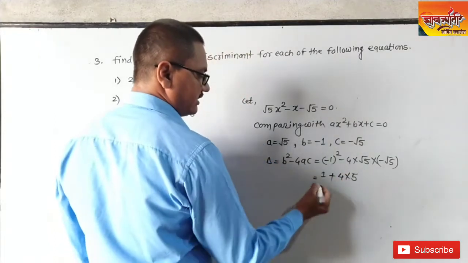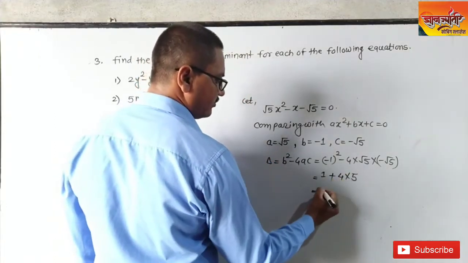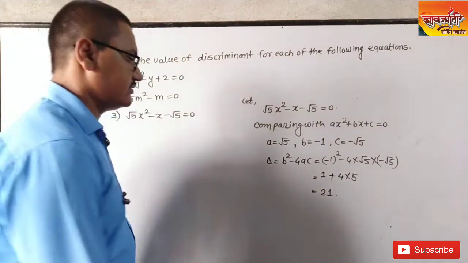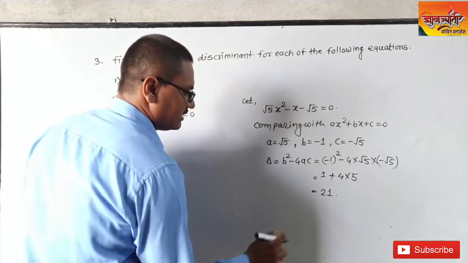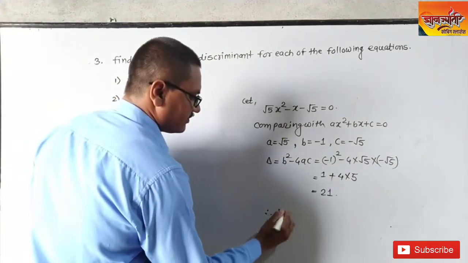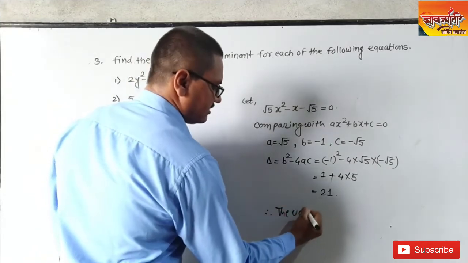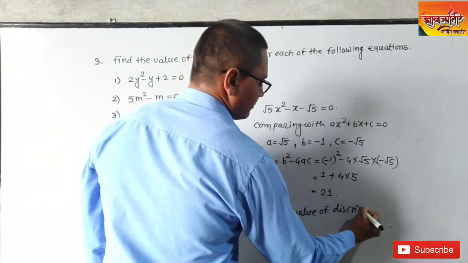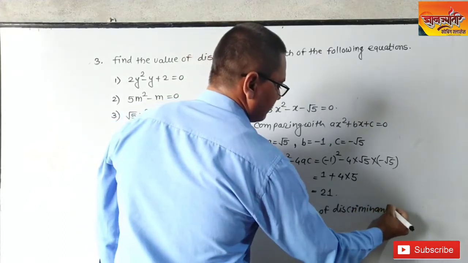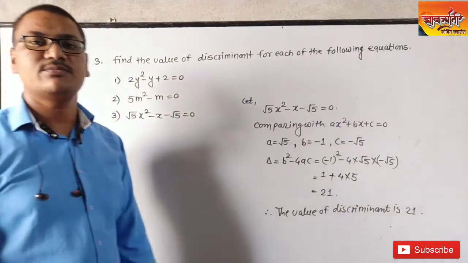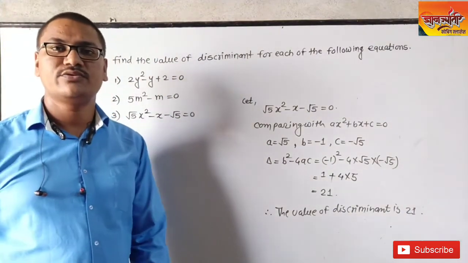We add 1 plus 4 into 5 and after simplifying we get 21. So the value of delta, the value of the discriminant, is 21. This is the complete problem number 3.